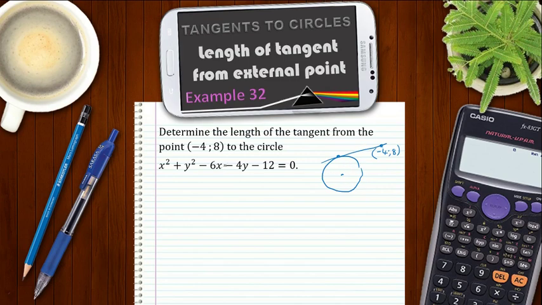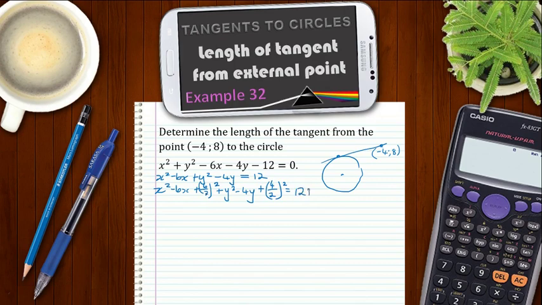And like I said, we need to put this equation in its standard form. So I'm going to start by just rearranging my terms again. Plus y squared minus 4y equals 12. Then complete the square: x squared minus 6x plus 6 over 2 squared, plus y squared minus 4y plus 4 over 2 squared equals, so completing the square on this side, we added 6 over 2 is 3, so that's 9.